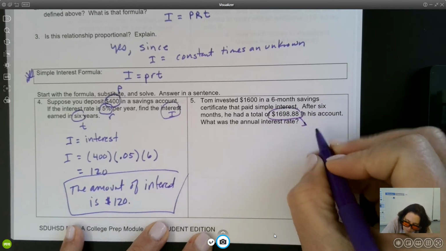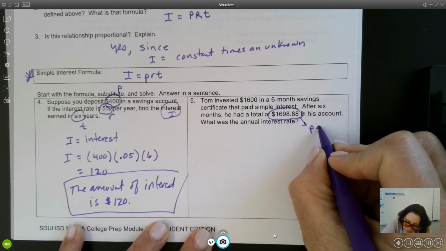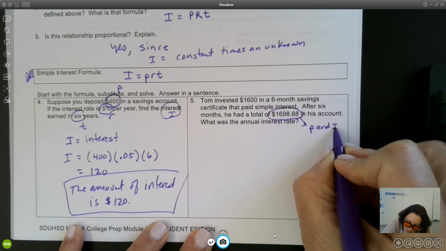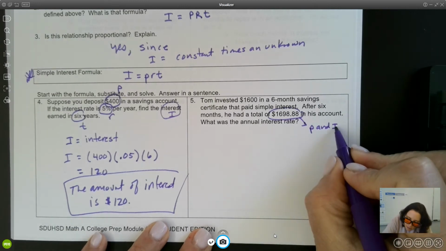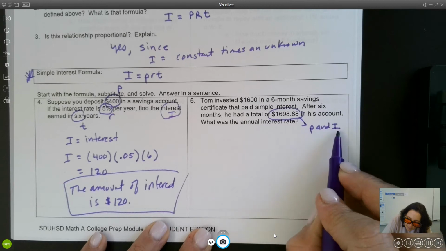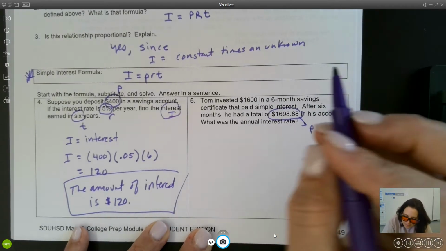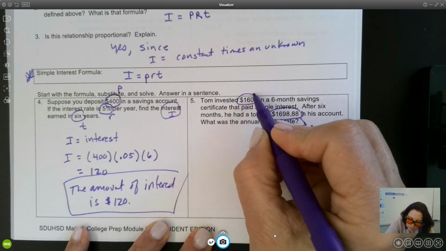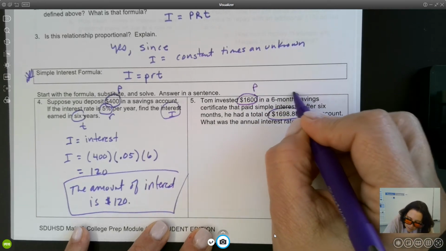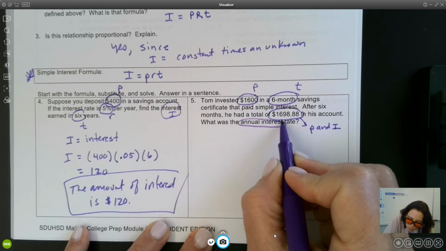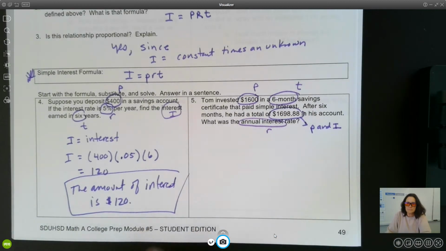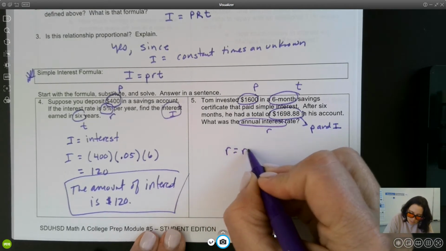It's not P and I, it's the principal and the interest. Okay, this is the principal. This is the time. And we're asked for the rate. So R is the rate.